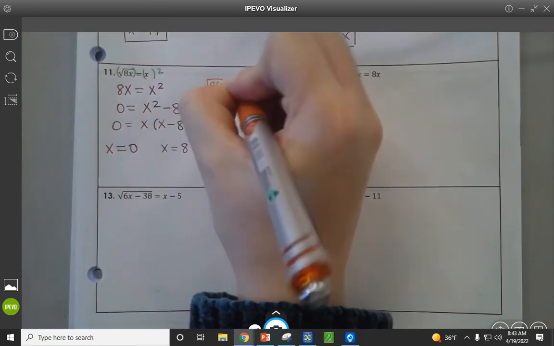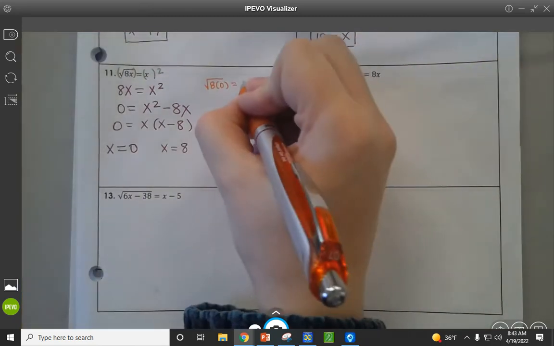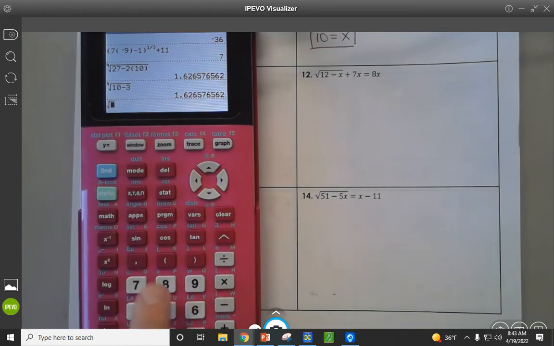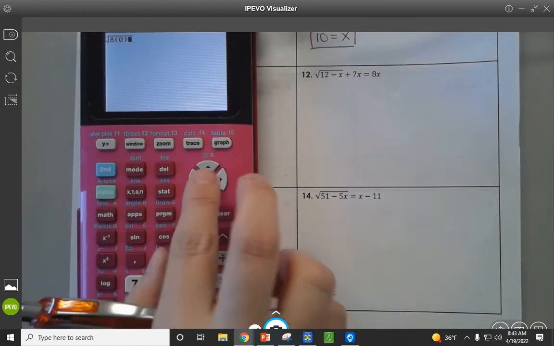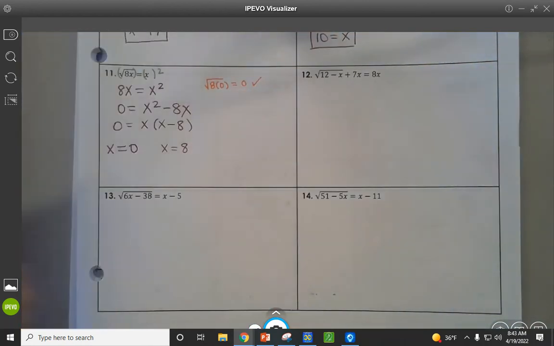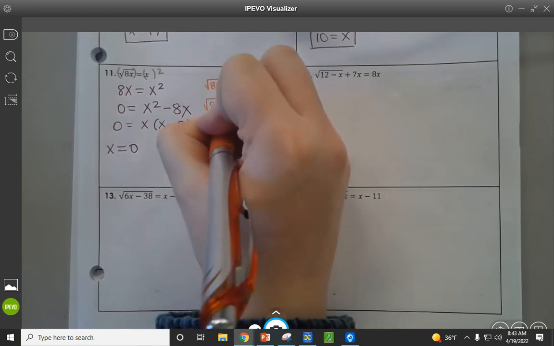So that one works. Then try the square root of 8 times 8. We want that to be 8. But let's make sure. Yep, it's 8. Both of those are solutions.